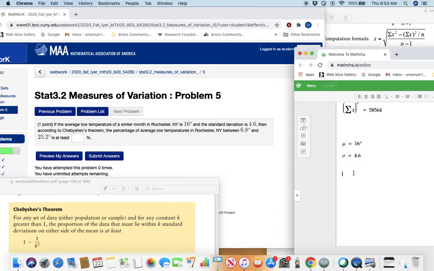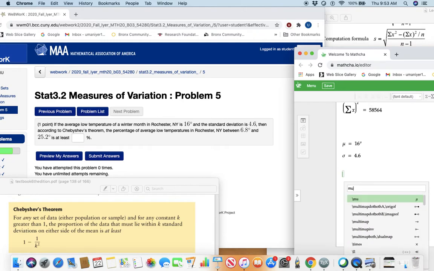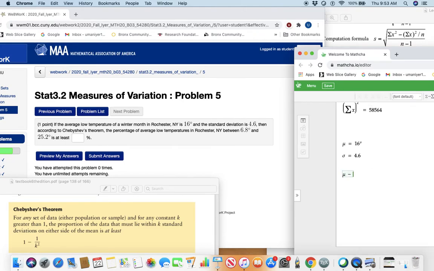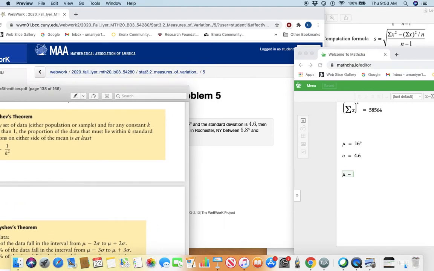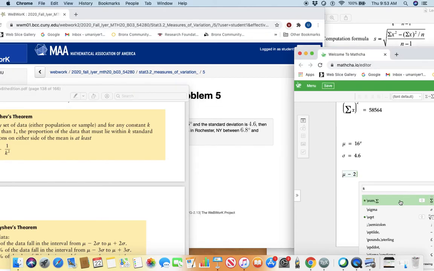So let's figure out what is mu minus, let's see, because they mention Chebyshev's, I'm looking at either 2 or 3 or 4. So what is mu minus 2 standard deviations? That is 16 minus 2 times 4.6.